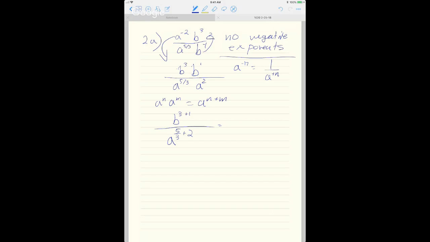Now, that's the same thing as B to the 4th divided by A to the 5/3, and there's 3/3 in each one, and I got 2 ones here, so that's a total of 6/3. And in the end, I get B to the 4th divided by A to the 11/3. And there you go.